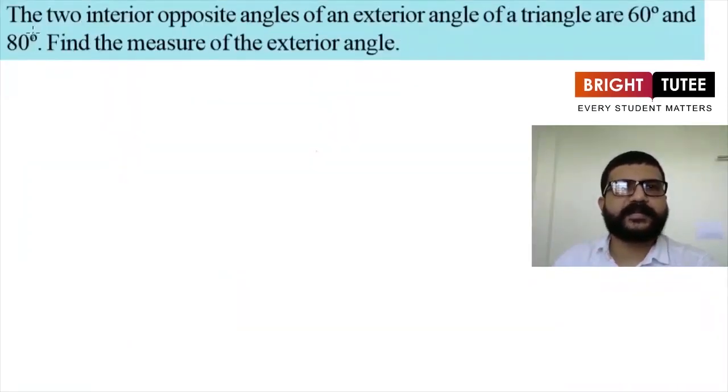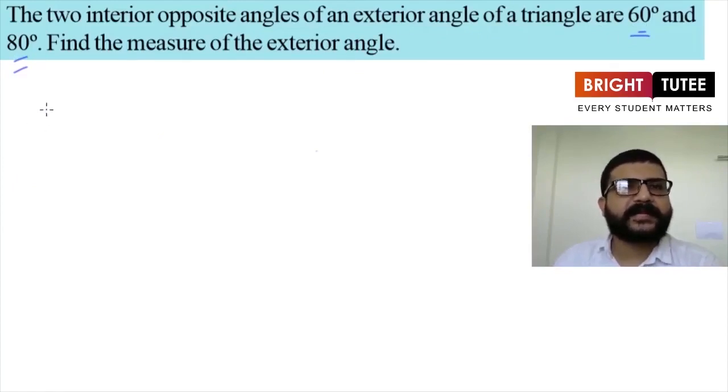The next question is, the two interior opposite angles of an exterior angle of a triangle are 60 degrees and 80 degrees. Find the measure of the exterior angle. So here the opposite interior angles are already given to us as 60 degrees and 80 degrees. We have to find measure of exterior angle.